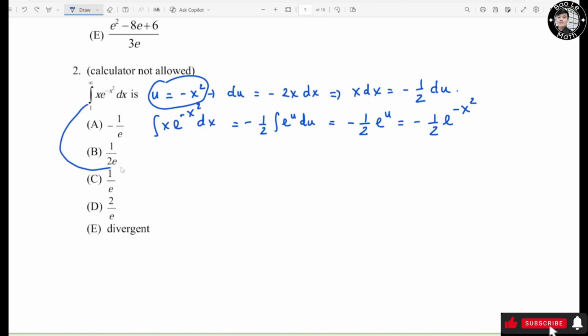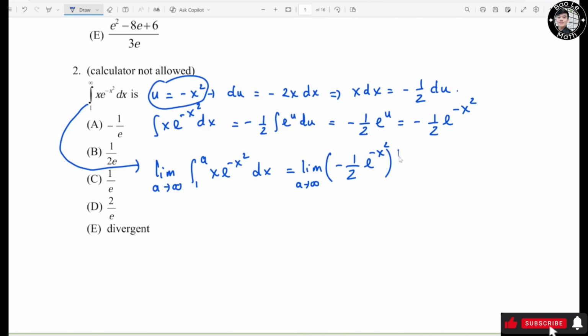This integral becomes the limit of the integral from 1 to a of s e to the negative s squared ds, when a approaches positive infinity, which equals the limit of negative 1 over 2 e to the negative s squared evaluated from 1 to a.